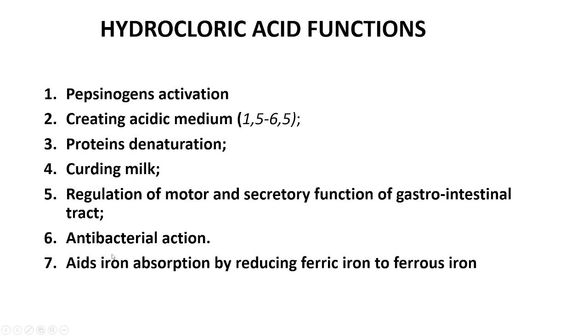Hydrochloric acid is important for iron absorption because it reduces the ferric form into the absorbable form, which is the ferrous form. So parietal cells, which secrete both hydrochloric acid and intrinsic factor, are very important for normal RBC production.